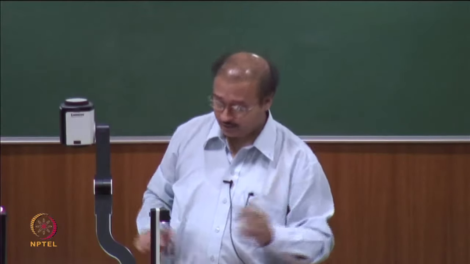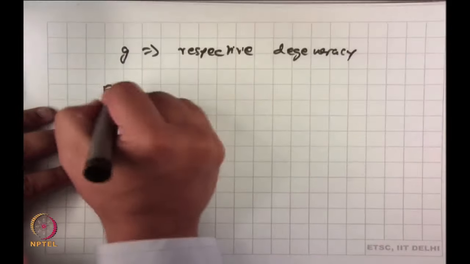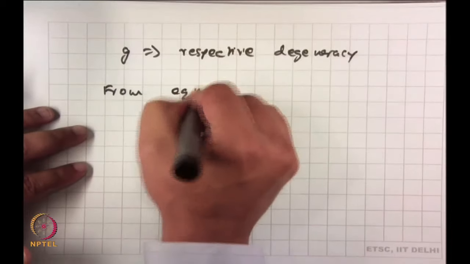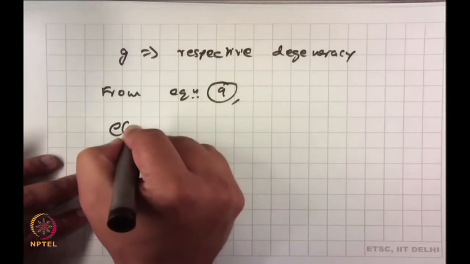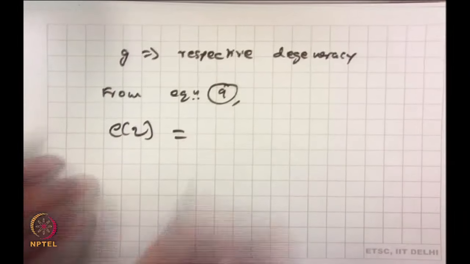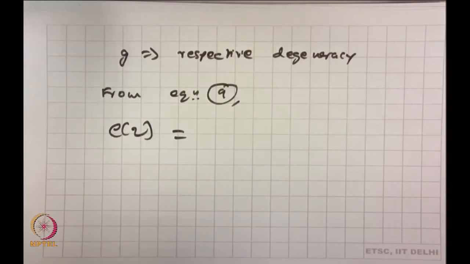Now, going back, from equation 9, let us go back to equation 9. From equation 9, what I can write is rho nu is equal to, now I will do two small algebraic things. One is I will divide throughout, that is the numerator and the denominator, by N21. Okay.